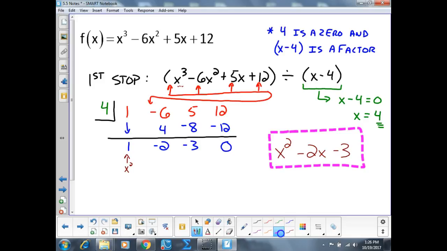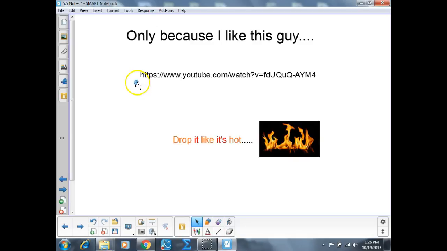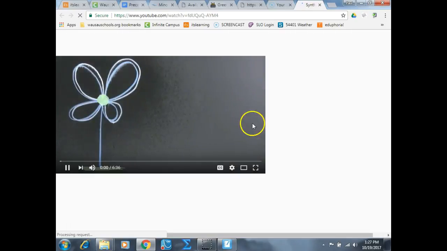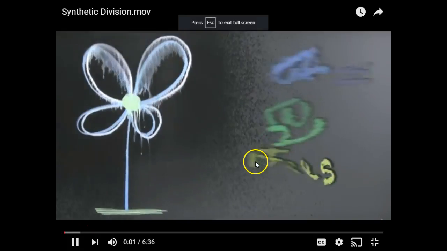If there were a remainder, we would put it on the end there. Now, that is synthetic division, one way of explaining it. Before we get to stops number 2 and 3, let's see another way of explaining it.